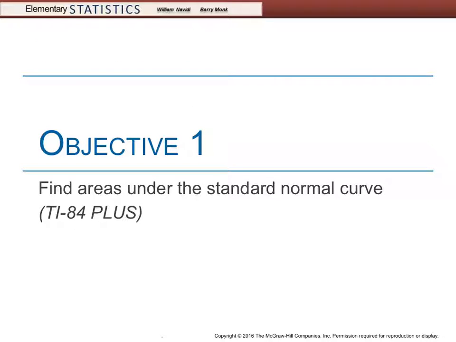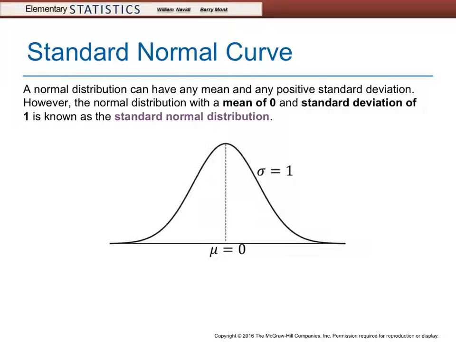So we're going to find areas under the standard normal curve using the TI 83 or 84. You will recall in the first part of section 7.1, a normal distribution can have a mean and any positive standard deviation. However, the normal distribution with a mean of 0 and a standard deviation of 1 is known as the standard normal distribution.